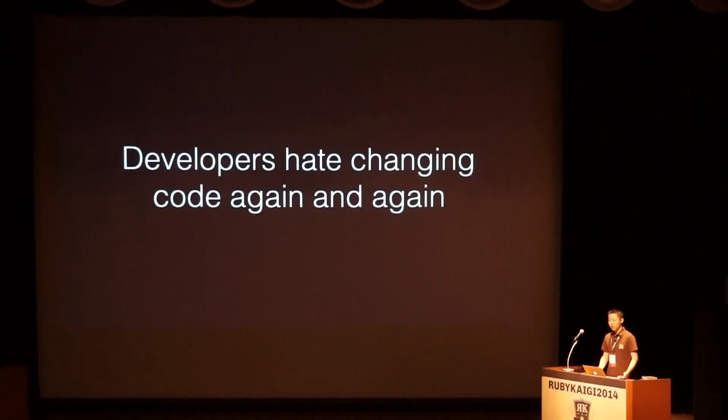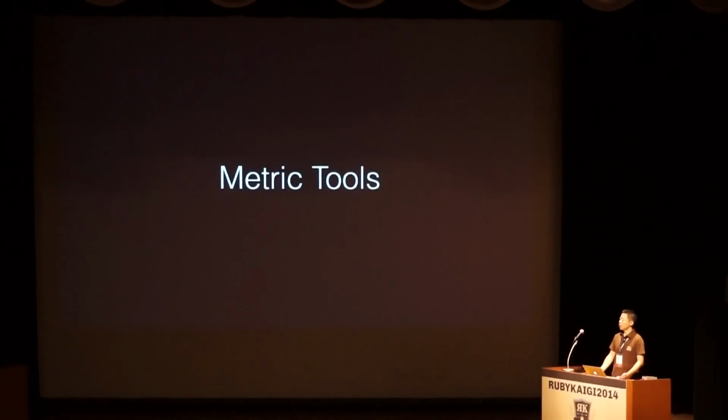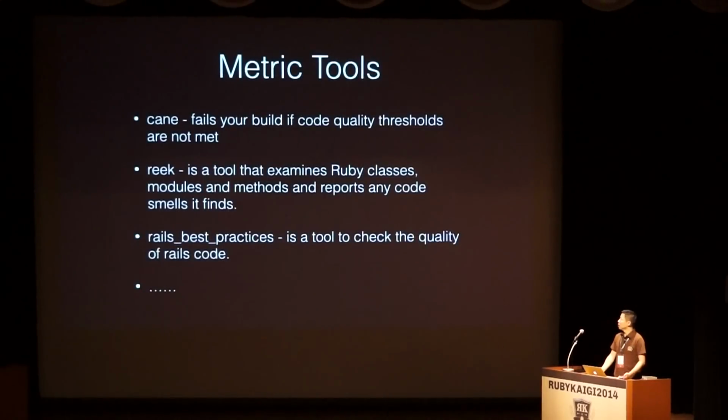As we are a consulting company, we have to repeat the change in different kinds of projects, but sometimes developers complain about that. So we are always thinking if we can do these changes automatically. Then we found some metric tools that may help. Some metric tools like Cane will fail your build if code quality thresholds are not met.